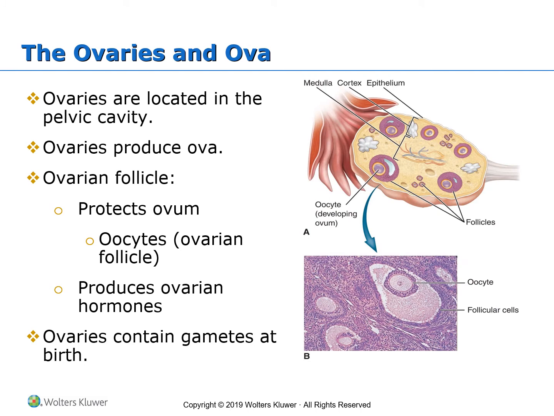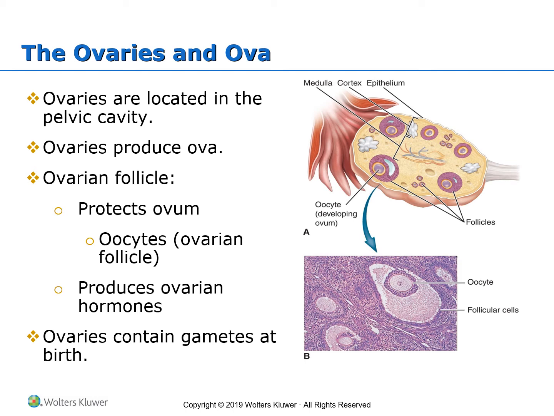Ovaries and ova. Ovaries are small, flat, roundish organs, measuring 4 by 2 by 1 centimeters. They start developing, just like the testis, just below the kidneys in an embryo, and they will start descending, but they will stop at the level of the pelvic cavity.